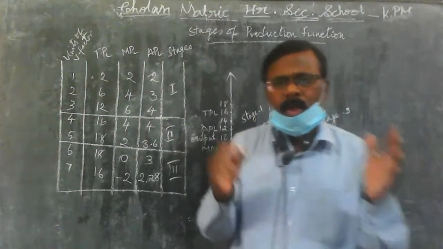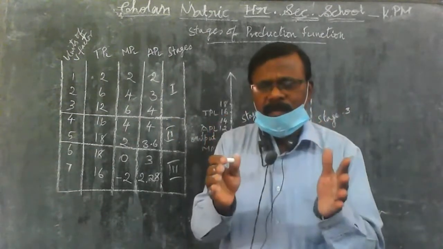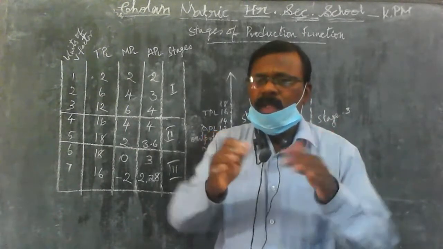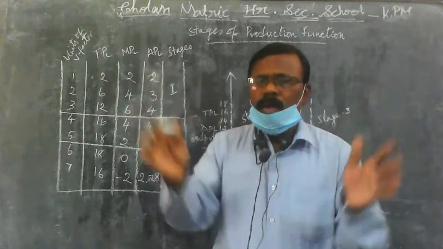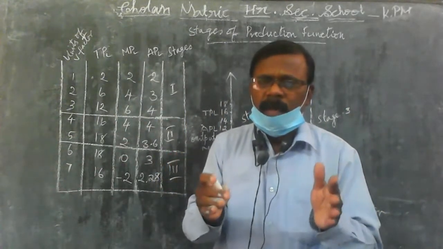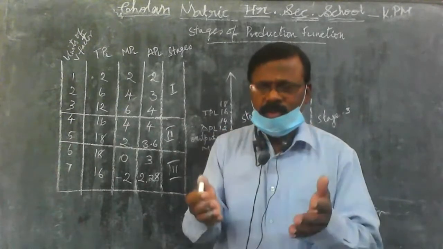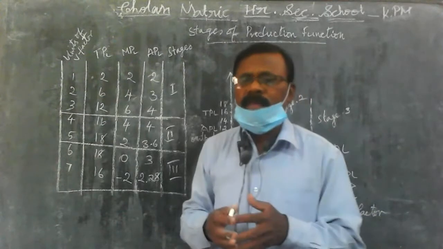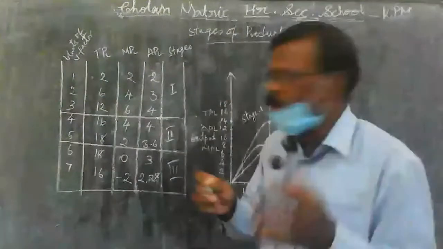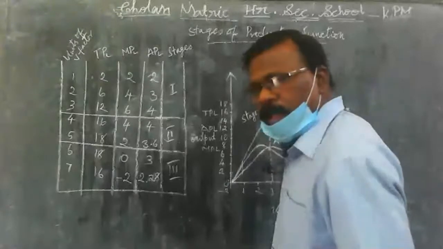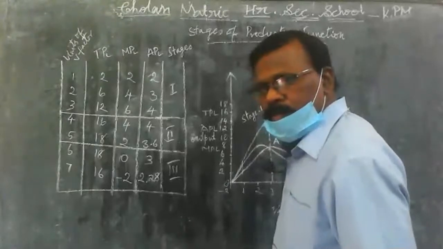Now, the total product. Total product means the total quantity of commodities produced by combining all the units of factors. That is called TP.